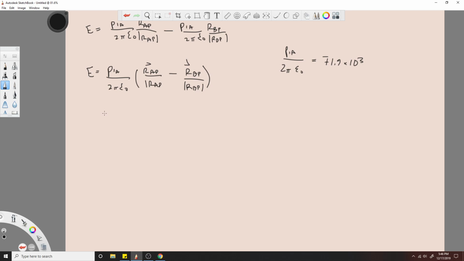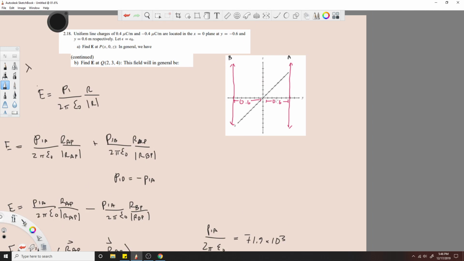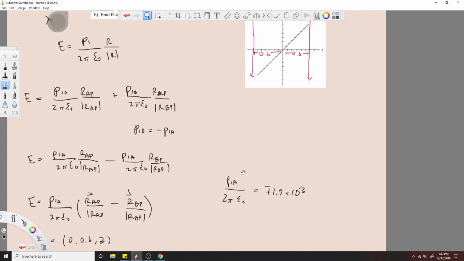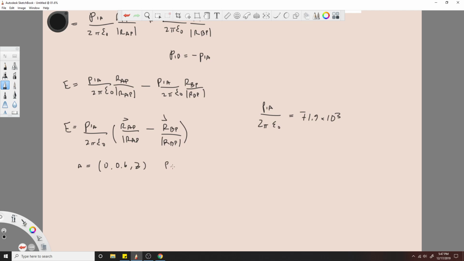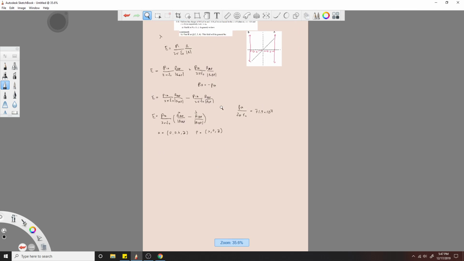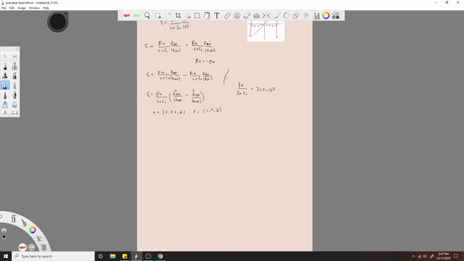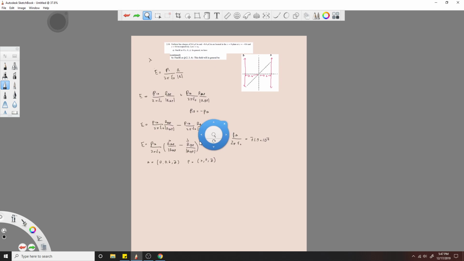That would be X. So A is equal to 0.6 z. And you can see that because it's on the x equals 0 plane, and then it's rising all through z. So you can see that A is that, and then P, we know P to be x, 0, z, and that comes right from here.